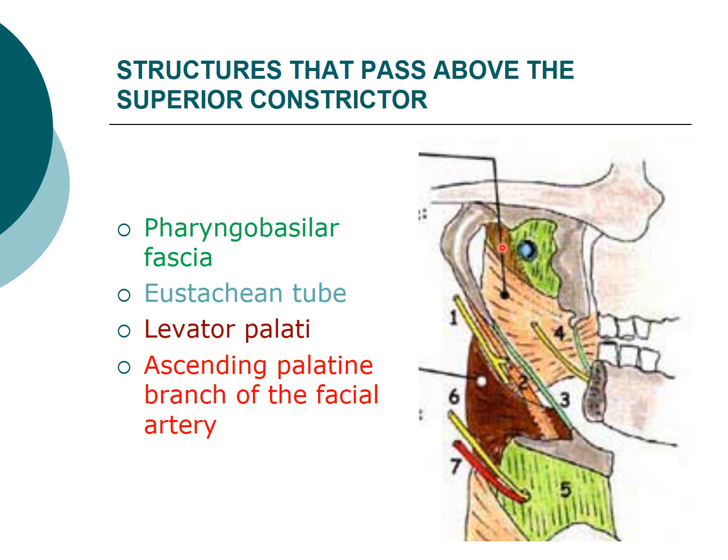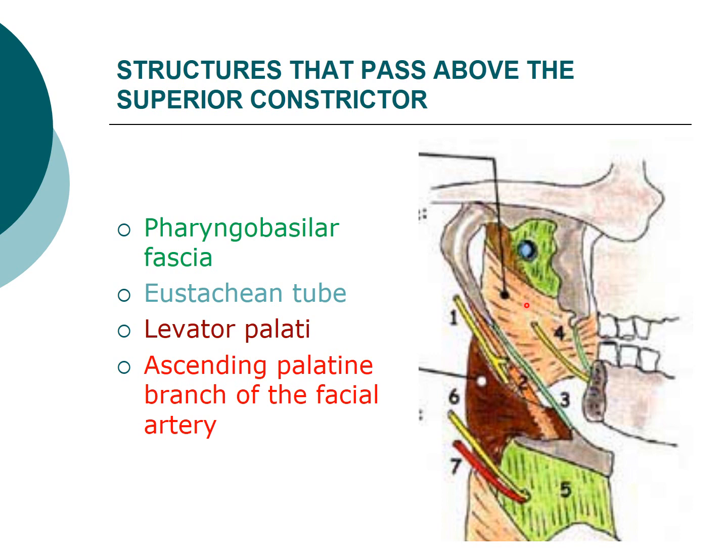The brownish layer here is a muscle which is called levator palati. So you have three structures above the superior constrictor: pharyngobasilar fascia, Eustachian tube, levator palati.